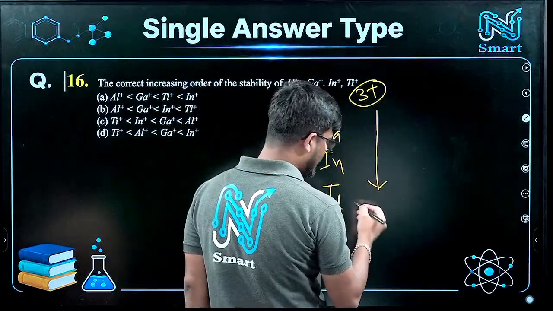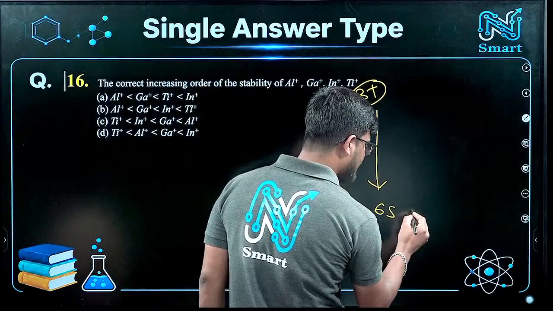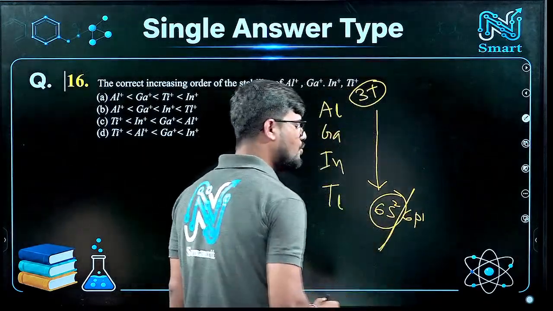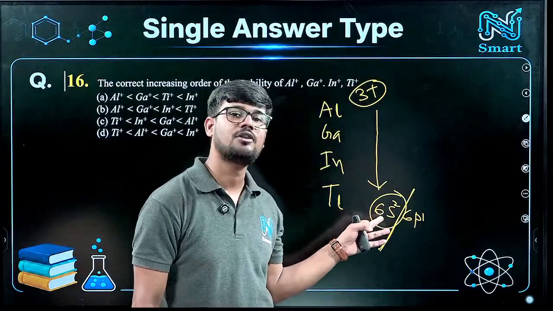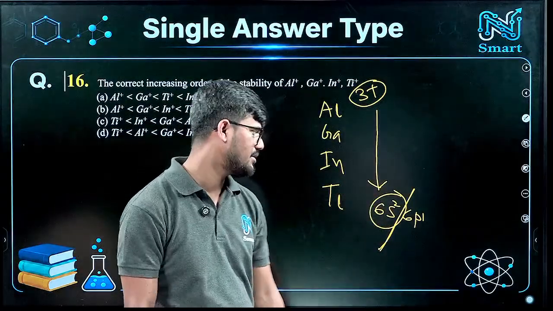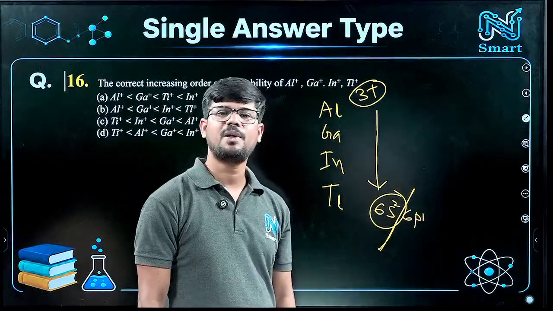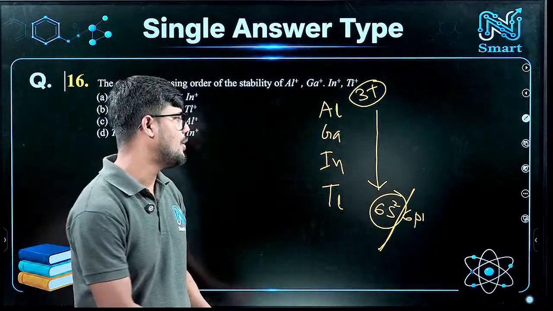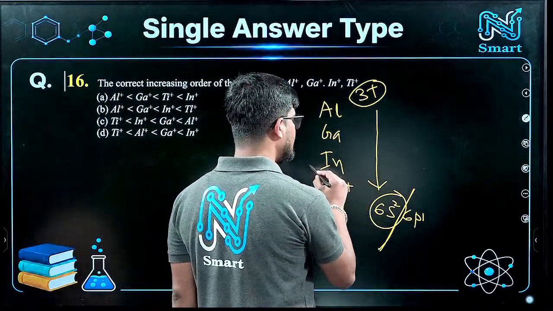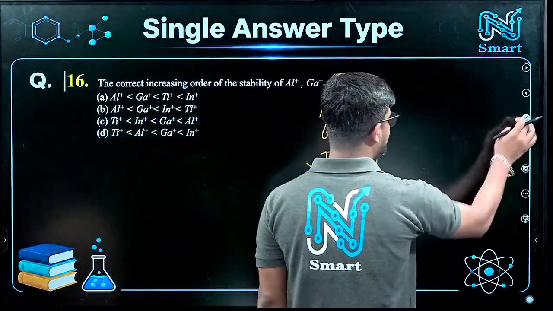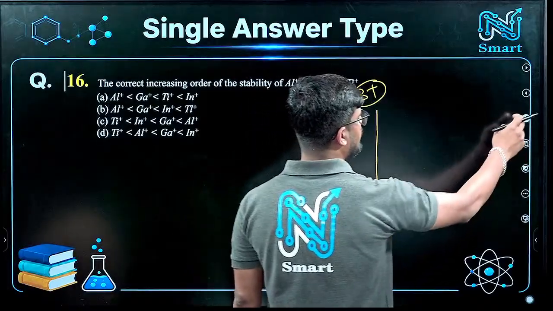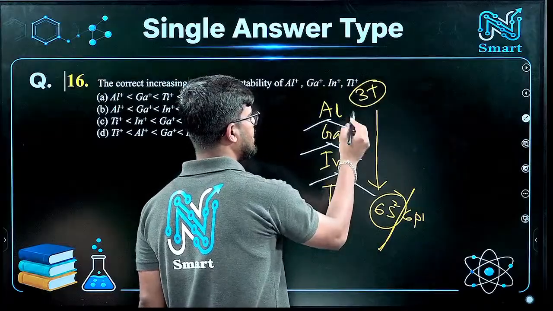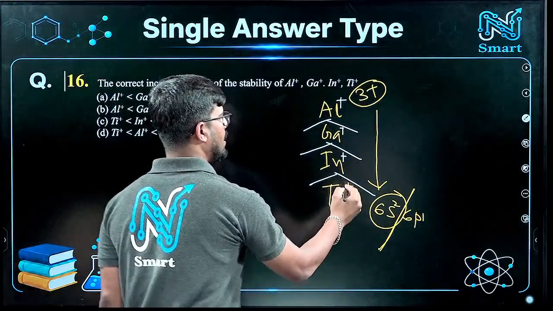If you consider the 6s and 6p, the 6s2 electrons will be closer to the nucleus, so they cannot participate in chemical reactions. So only the last electron will participate. That means if you go top to down, the stability of the +1 oxidation state will increase.